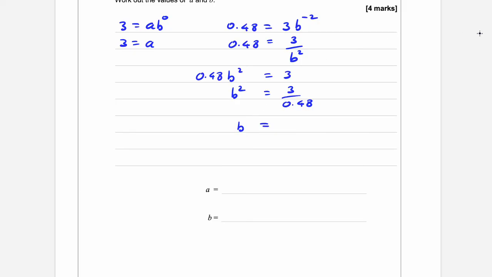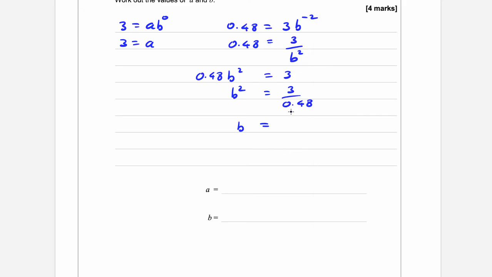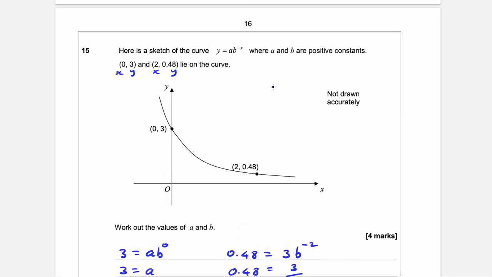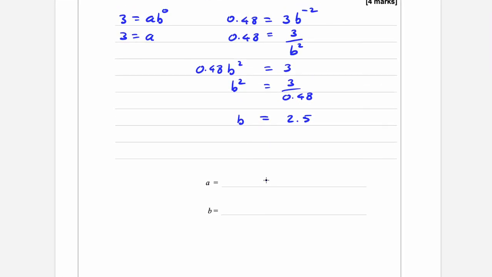The square root of 3 over 0.48 gives me 5 over 2, or 2.5. Just to check, he says A and B are positive constants, because you could have plus or minus. So A is 3, B is 2.5.